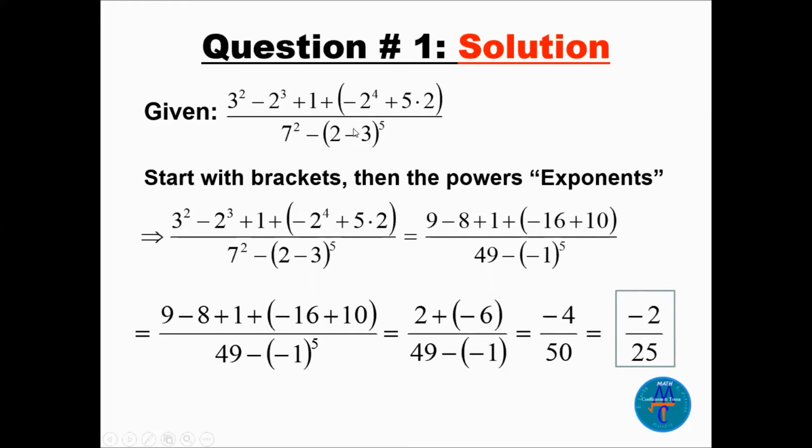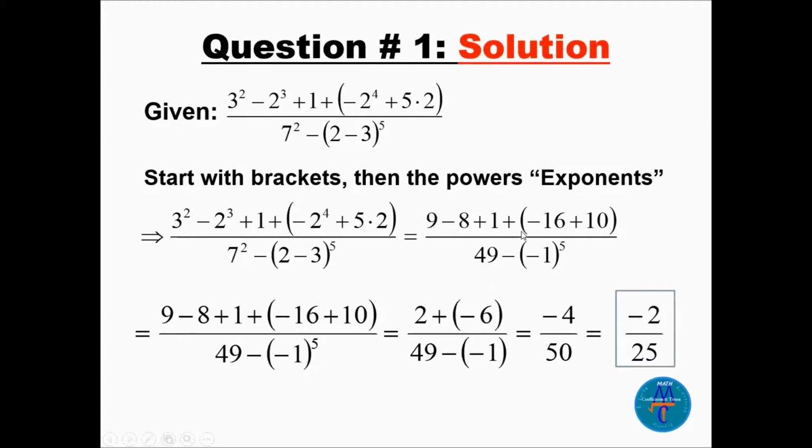Now go down and see. 2 minus 3. See, that's a number minus 1 here. And there is a bracket. So minus 1 to the power 5 means minus 1 multiplied by itself 5 times, which is also minus 1.